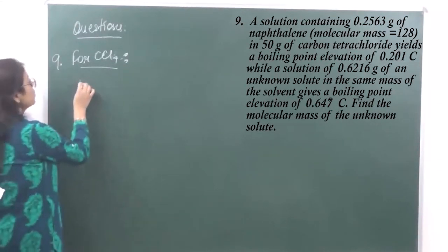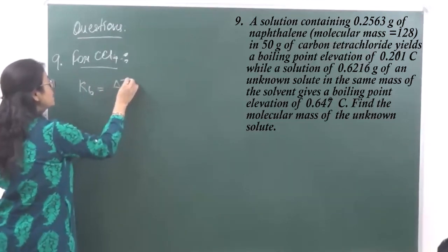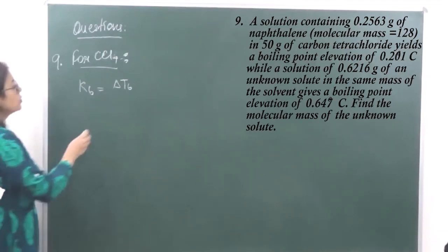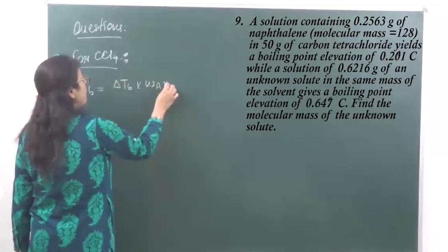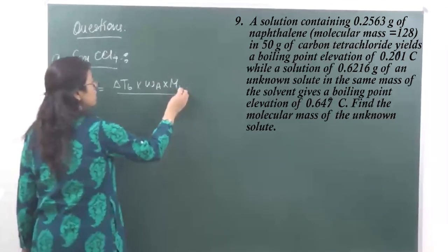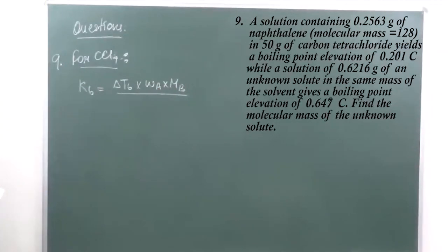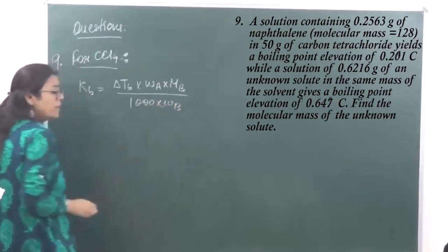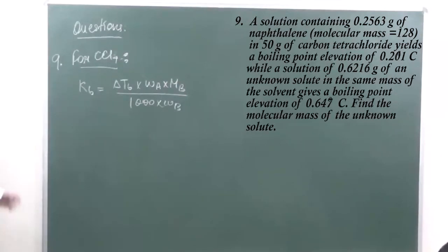Okay, so Kb will be equal to delta Tb into Wa into molecular mass of the solute, right, divided by 1000 into Wb. This is what Kb is going to be. Okay, so Kb given to you in the question is how much? We have to calculate Kb. Kb is not given to us. So let's put in the values in the formula over here.